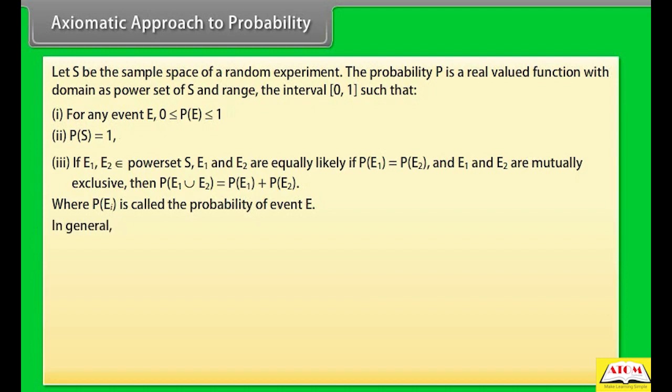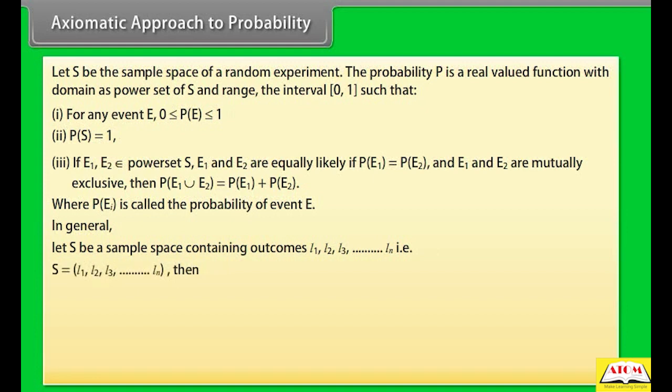In general, let S be a sample space containing outcomes L1, L2, L3 up to Ln, that is, S = {L1, L2, L3, ..., Ln}.